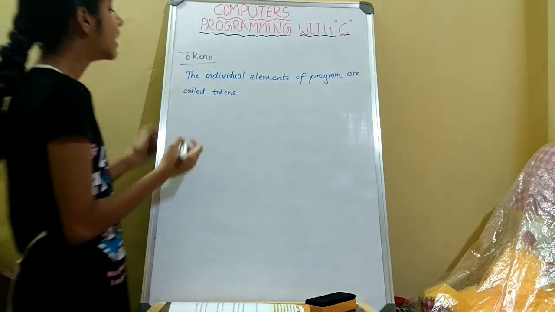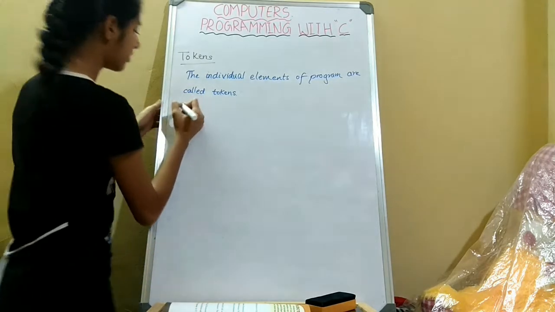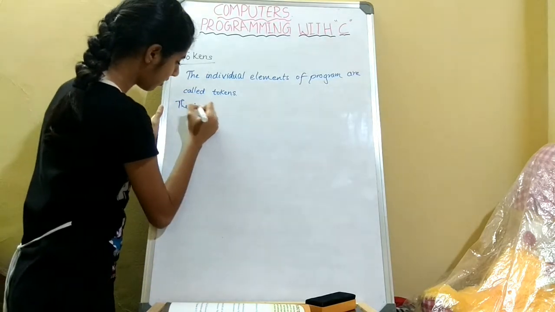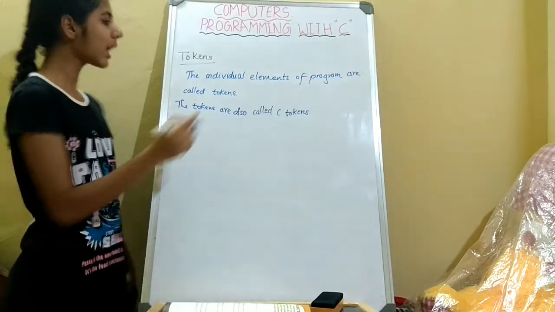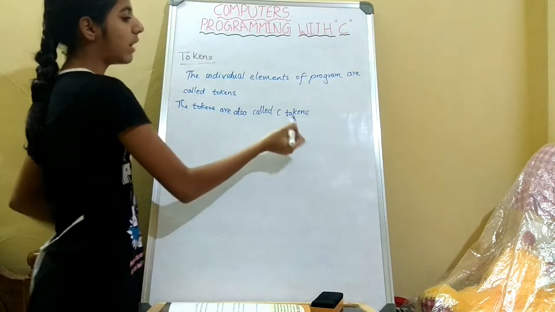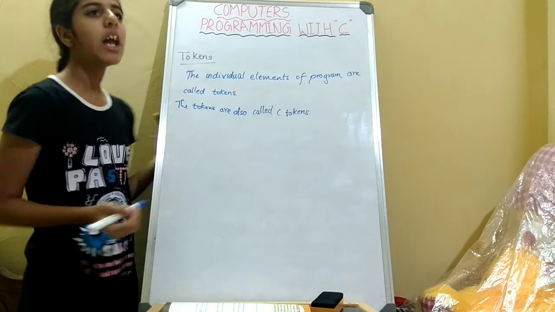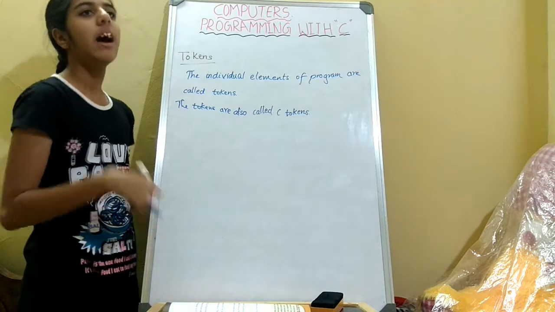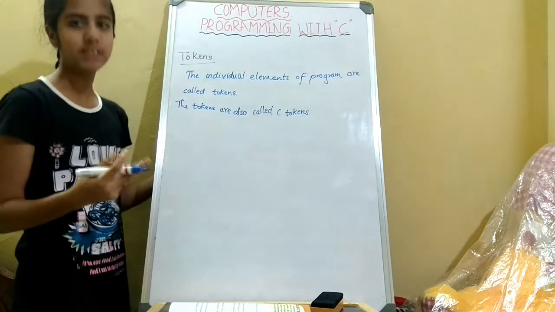Tokens are also called C tokens. Now we have six different types.